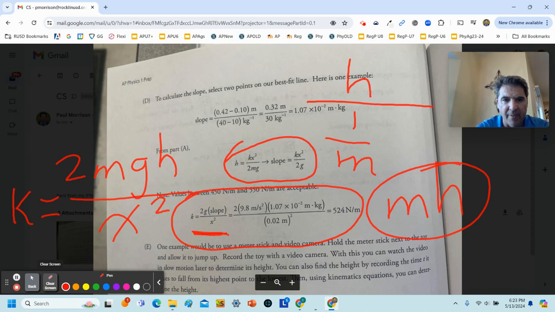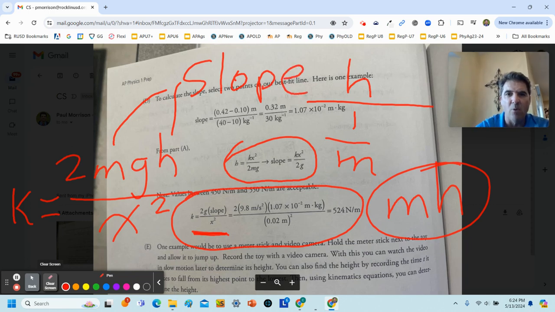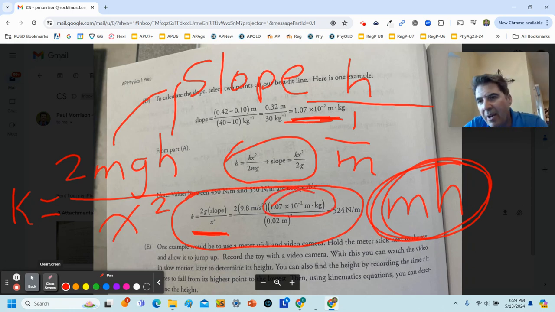How is that right there? Because the m and the h are the slope, right? It just seemed like they made it way more confusing than they needed to. But anyways, this m and h, that is your slope. So you take that slope, which they got to be this number, and you can substitute in for this, which is right there.